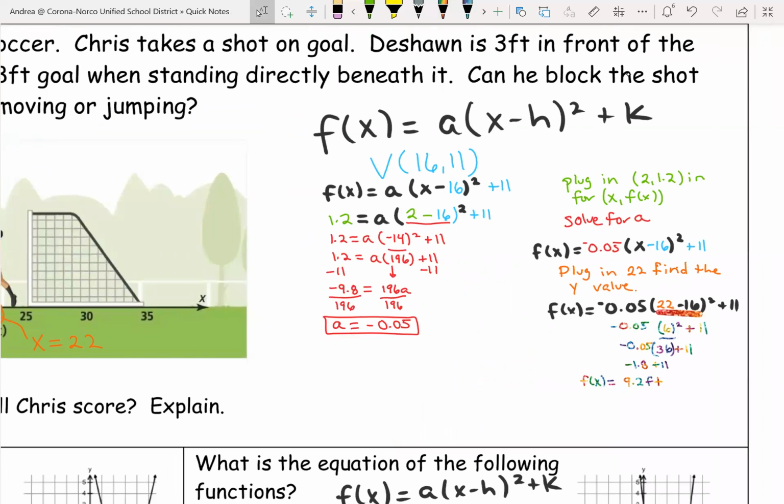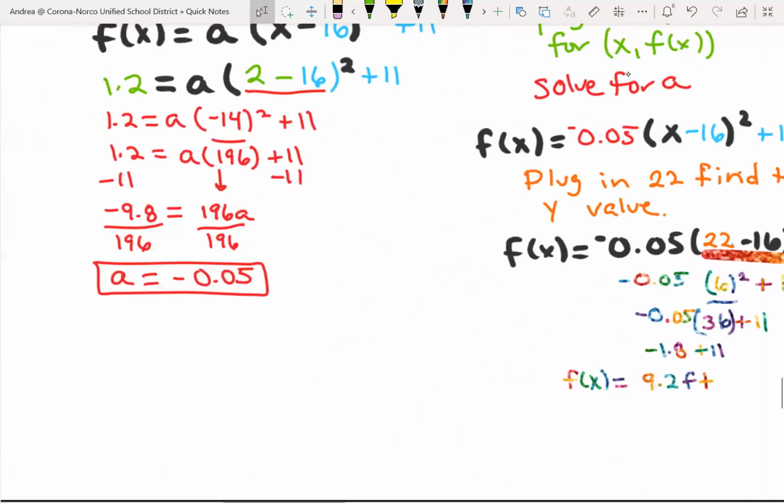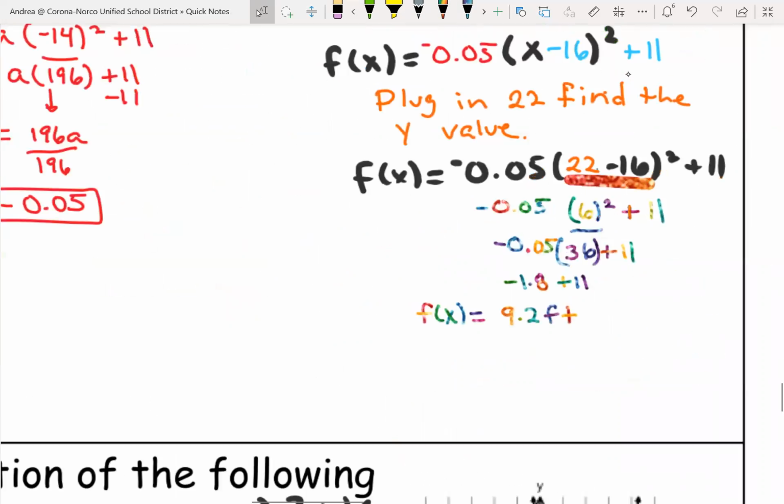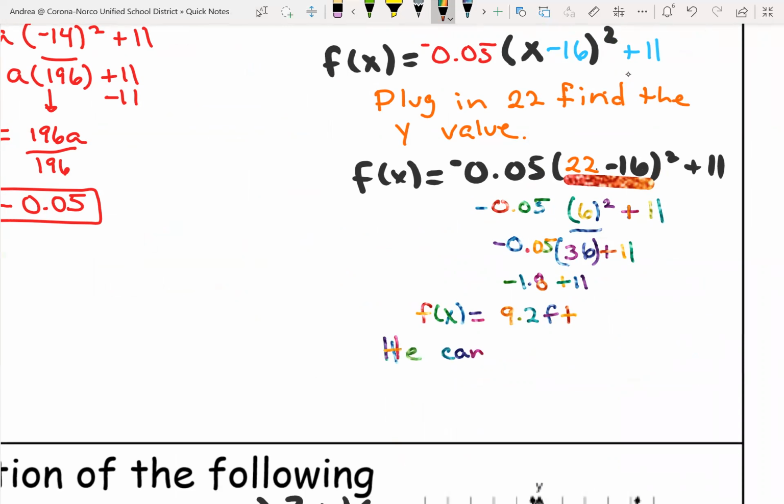No, he can only reach 8 feet. So he cannot block the shot.